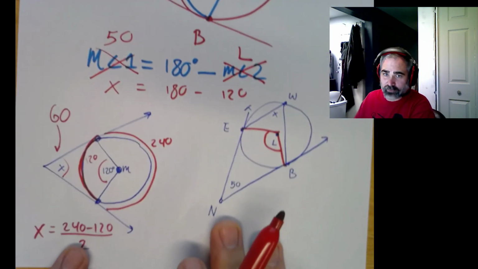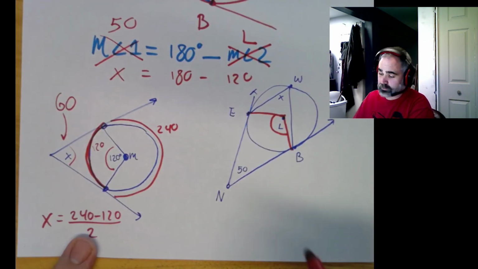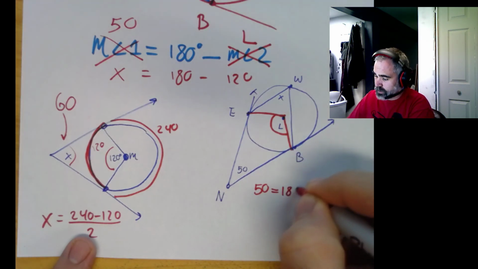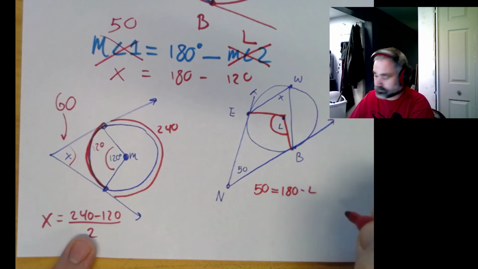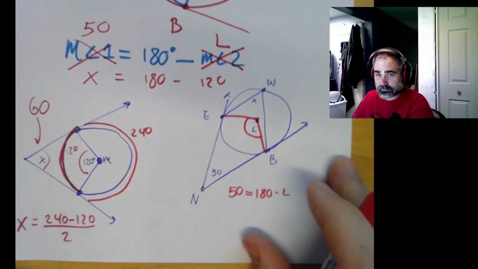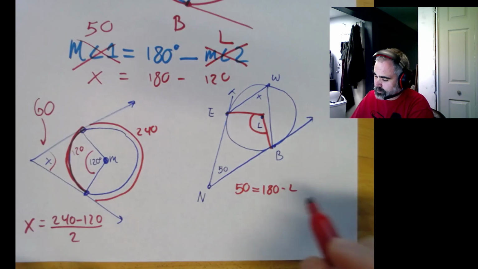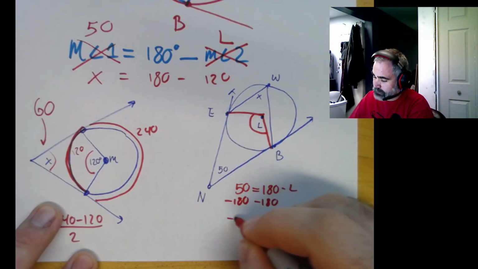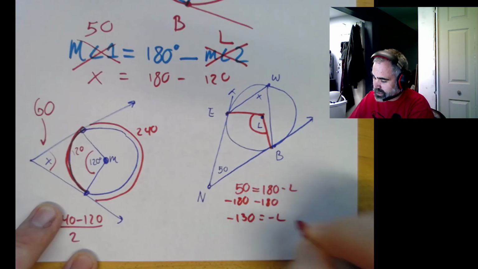And now I can solve. So it's going to be 50 equals 180 minus L. And I can solve this. That's going to be minus 180, minus 180. This is going to give me negative 130 equals negative L.